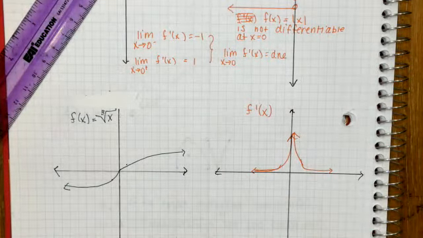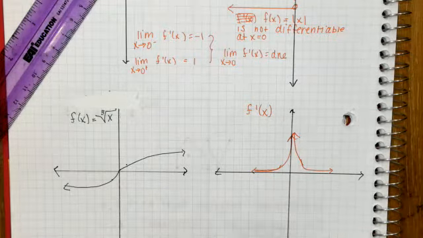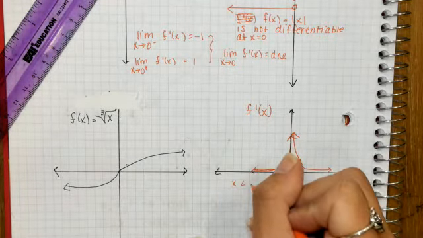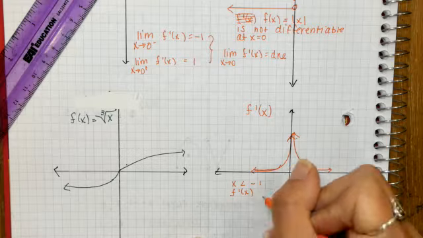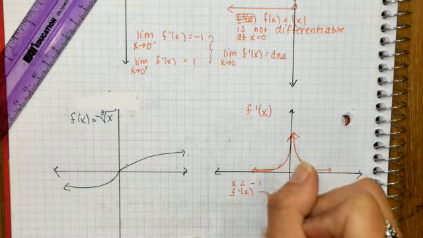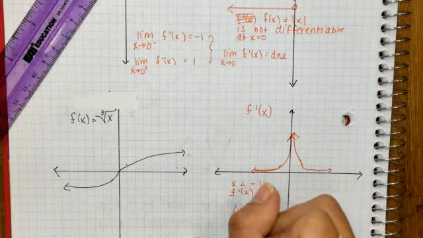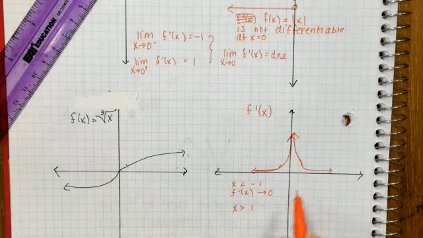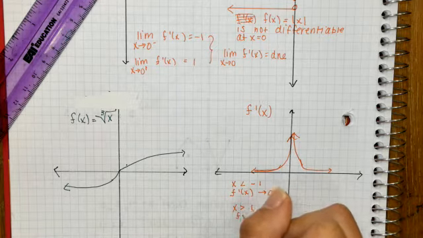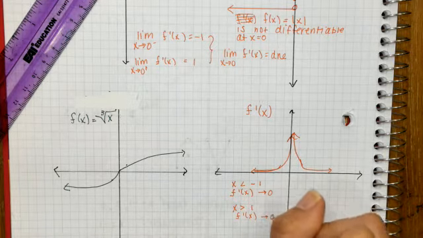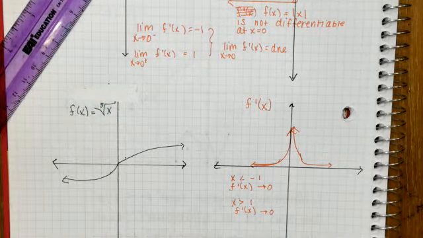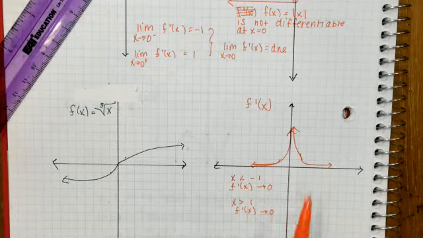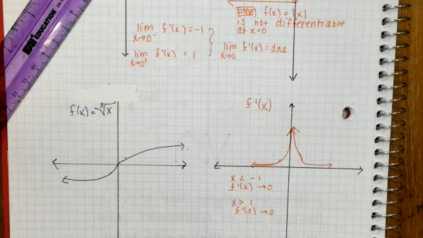This is not a very good graph. So when x is less than -1, the f prime of x is approaching 0. And when x is greater than 1, the derivative is also approaching 0. And when x is between -1 and 1, we're approaching infinity.